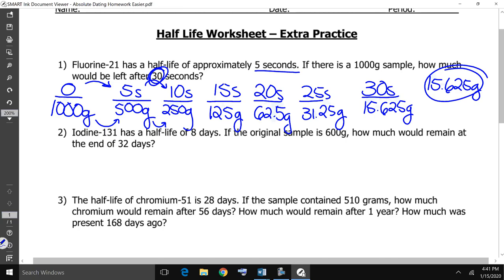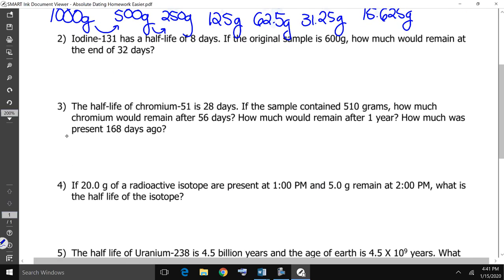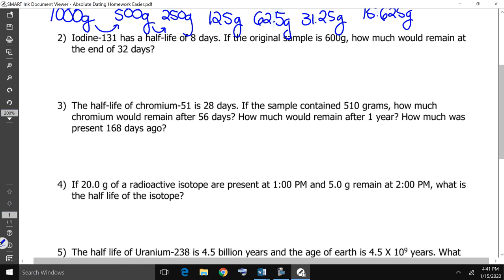So, you can pause the video and try this next one on your own, and then watch me do it. So the iodine-131 has a half-life of 8 days. If the original sample is 600 grams, how much would remain at the end of 32 days? Again, start the same way.